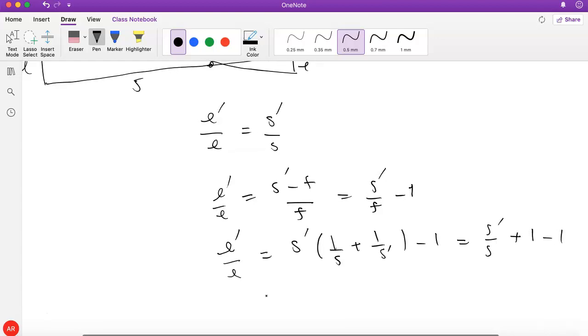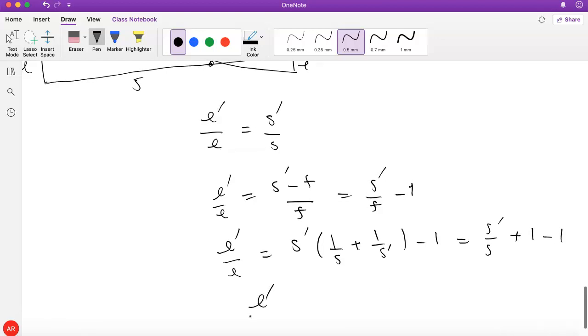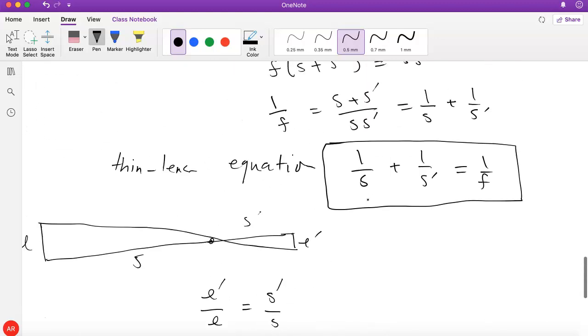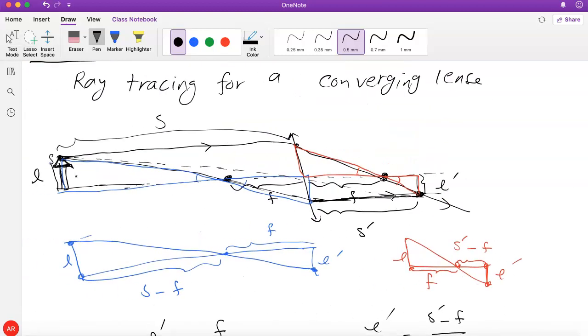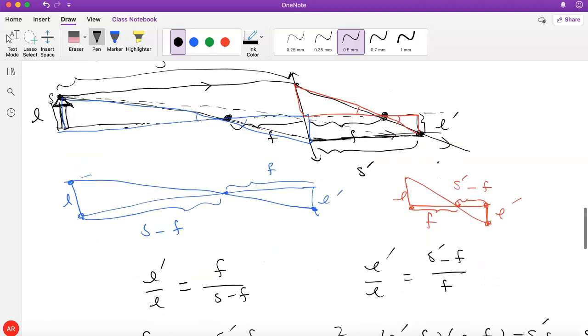So that goes to 0. So L prime over L is S prime over S. It does work for the central ray. An alternative way would have been to just use the central ray and one of these rays, either this or that, to find the position of the image.